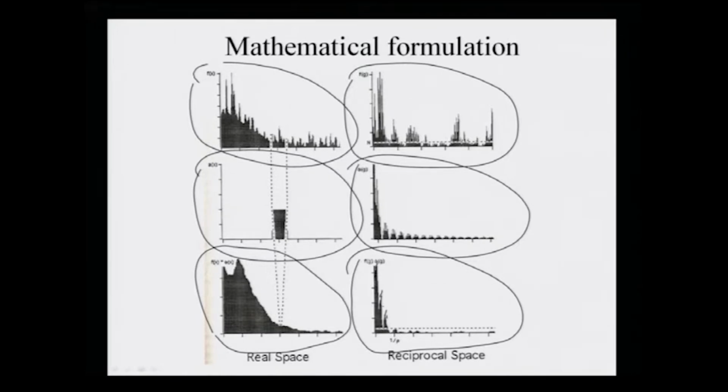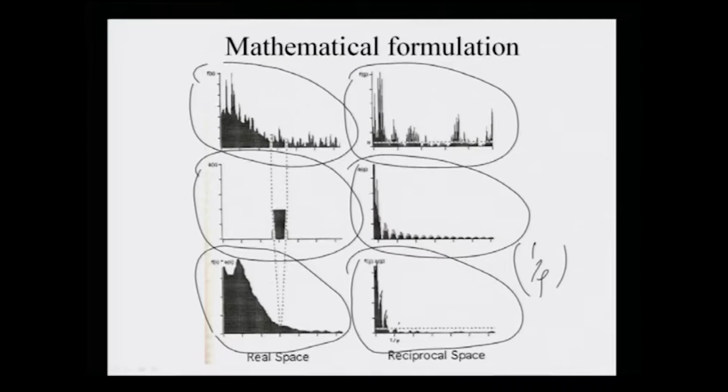So, the resolution of an imaging instrument is defined by a cutoff, that is, 1 by rho cutoff, which tells you the distance difference between the signal and the noise. If I take the ratio of signal and noise, there is a cutoff below which nothing can be transferred by the imaging device.